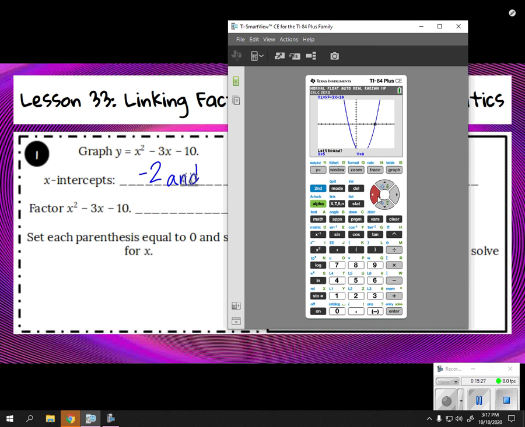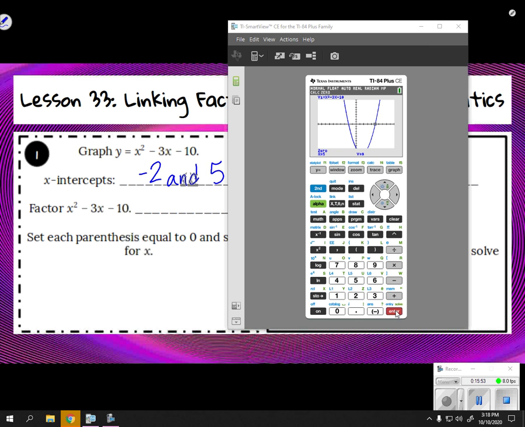But I'm going to go left a little bit and hit enter to create my left bound, and then right a little bit to create my right bound, and then hit enter. Now, if you get those backwards, where it says left bound and you're to the right, and then right bound and you're to the left, the calculator is going to freak out on you. And so it tells us it's here at 5.